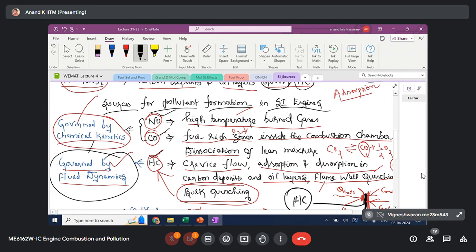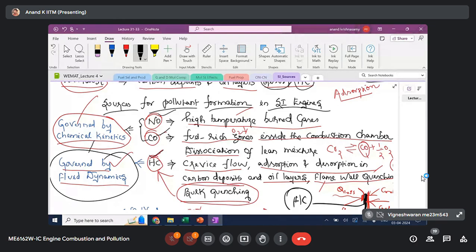It depends on the flow of unburned fuel or mixture into the crevice region, which is a major source. It also depends on the flow of unburned fuel or mixture into the lubricating oil layer, as well as carbon deposits. All of these are happening at the boundaries of the combustion chamber.